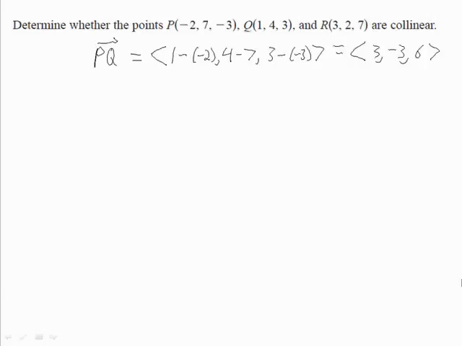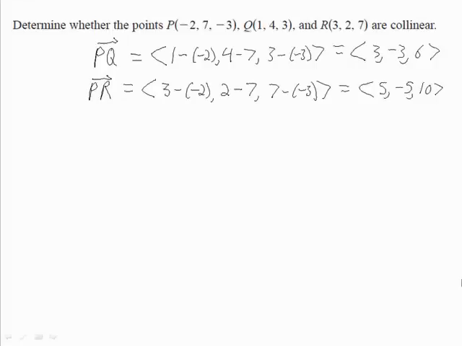And the vector pr is equal to the vector 3 minus -2, 2 minus 7, and 7 minus -3, which is equal to the vector 5, -5, 10. Because the vector pq is equal to 3/5 times the vector pr, you can conclude that they are parallel. Therefore the points p, q, and r lie on the same line as shown.